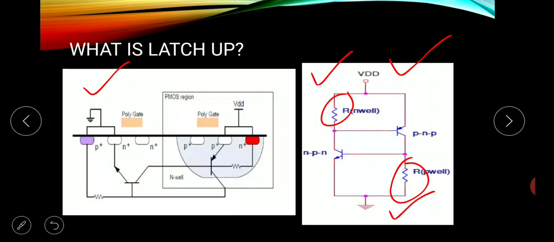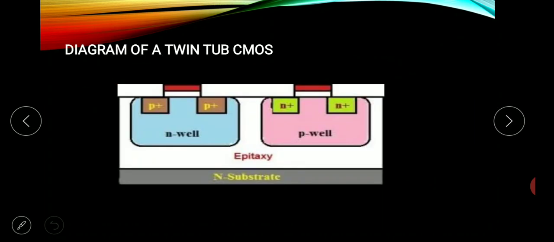To avoid this issue, we should fabricate NMOS and PMOS by the twin tub fabrication process. This is the diagram of a twin tub CMOS. See the structure of this twin tub. In this structure there are two wells, one is the N well and another is the P well.